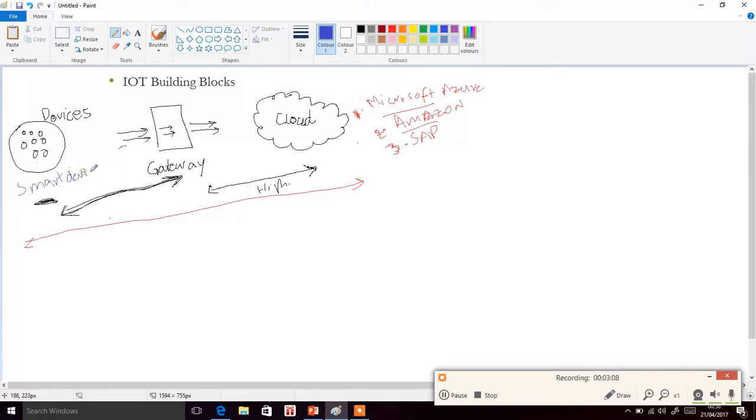A smart device is any electronic device which has software, which has sensors attached to it, some kind of connectivity mechanism using a certain protocol so that it can connect to the gateways here, and it has some kind of actuators to show the current state.